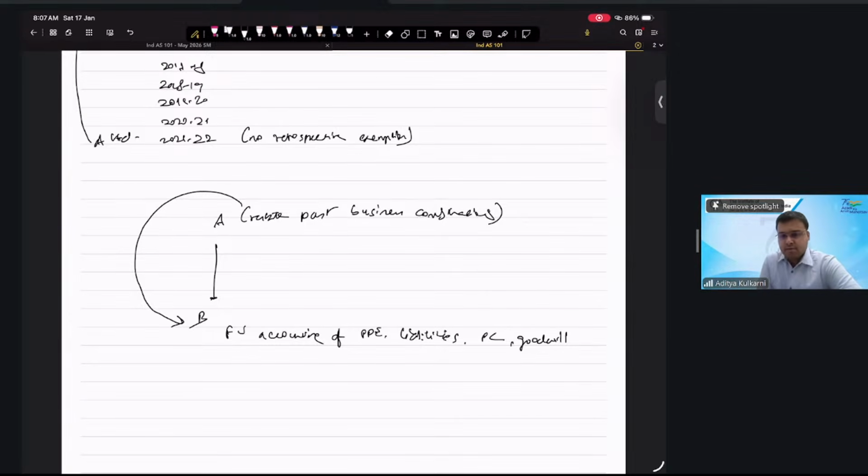Yes. But A is having certain own PPE. Can it avail deemed cost exemption? Can it avail deemed cost exemption? Yes, answer is yes.